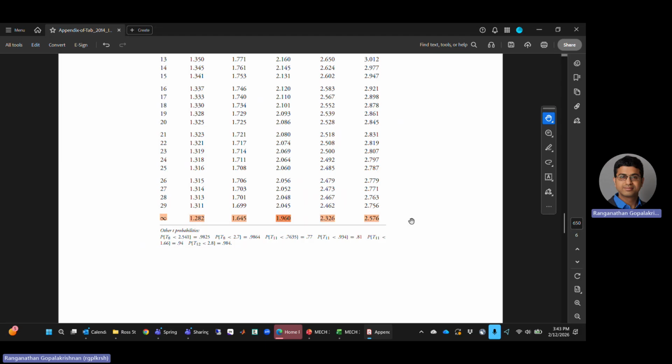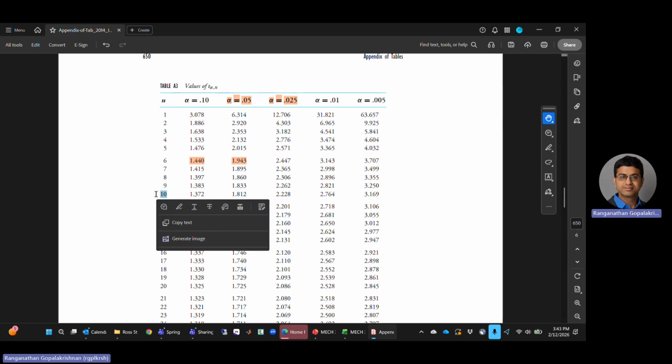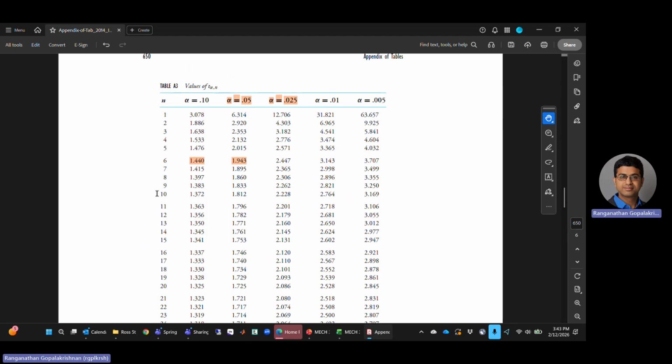When the sample size is not infinity, let's say the sample size is 10, they don't agree with each other. If the sample size is 10 and you wanted the number to the left of which is 99% or 95% of the values, that is not 2.764. You can check that.